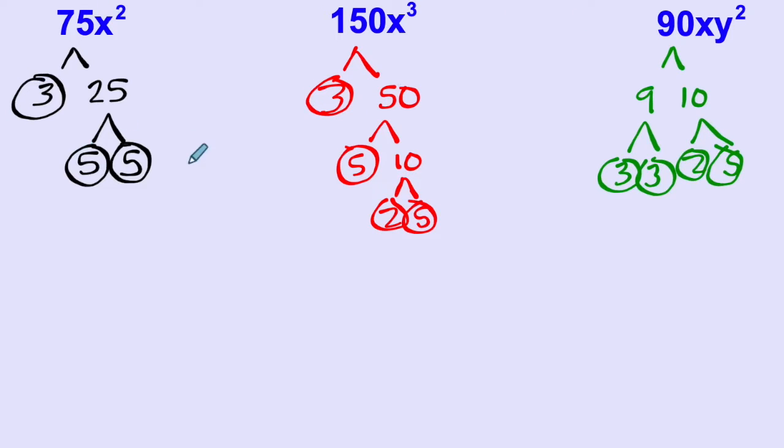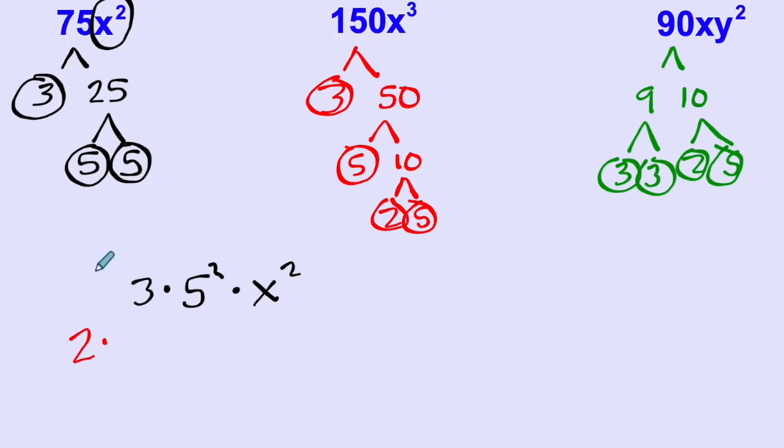Now, let's make sure that we write them one on top of each other. The answer for this first one in black is 3 times 5 squared times x squared. Right? The x squared just kind of falls down to become part of our answer. The red one, we have a 2, so I'll put the 2 over here.